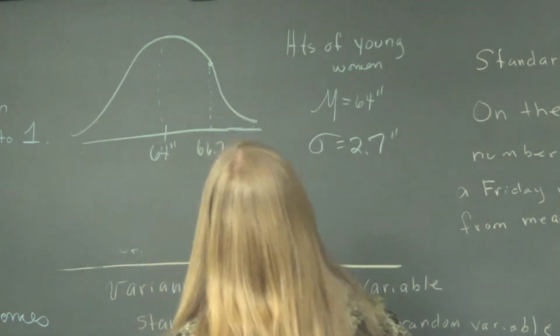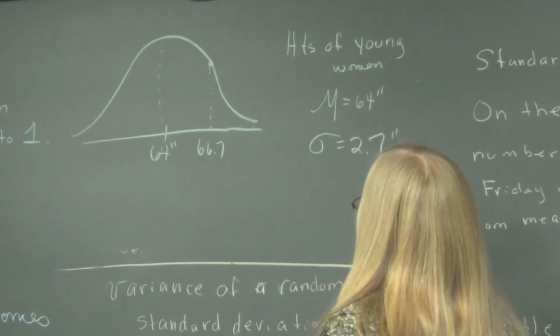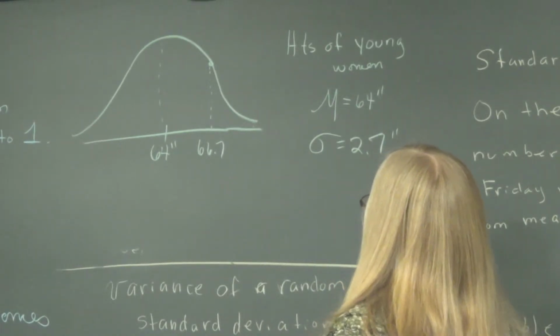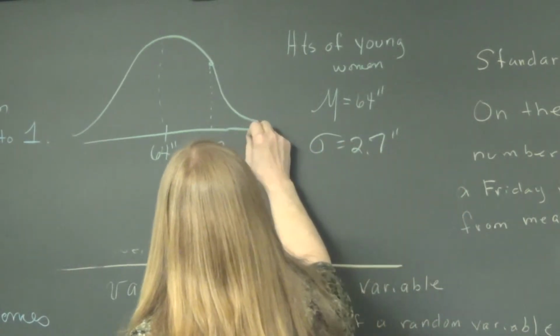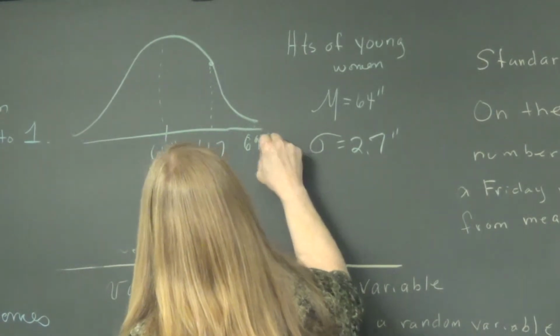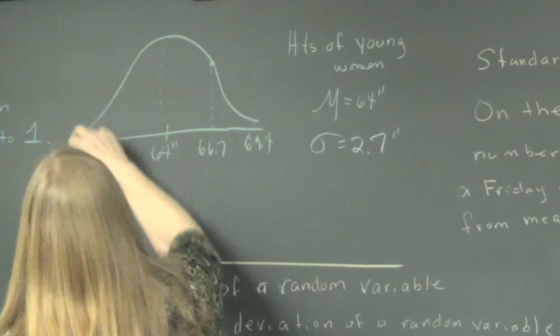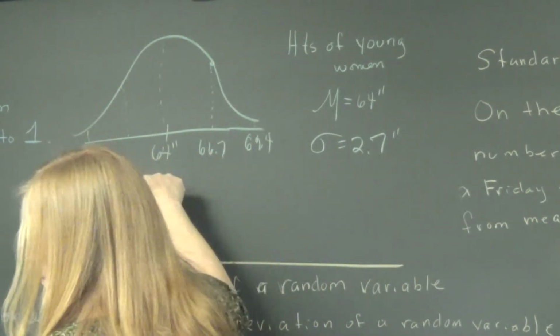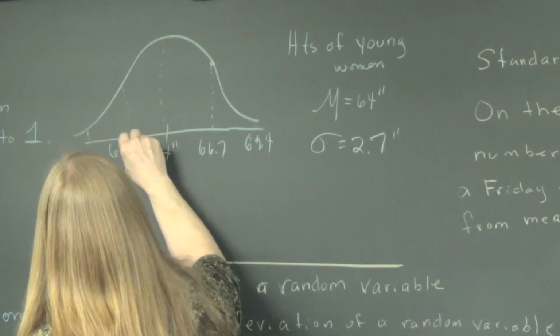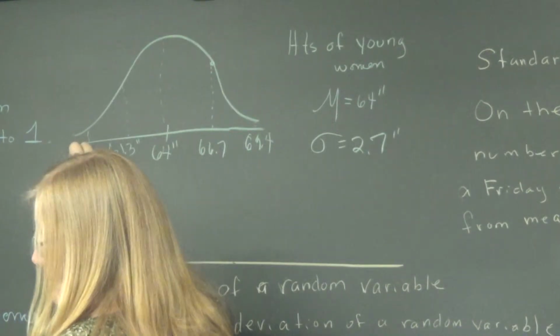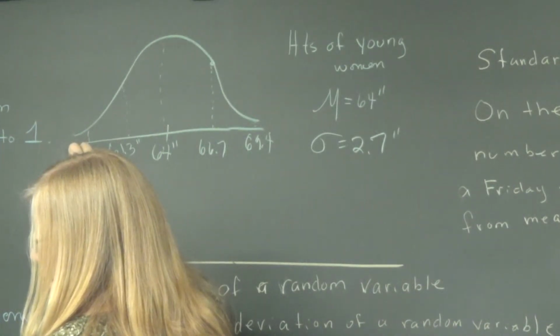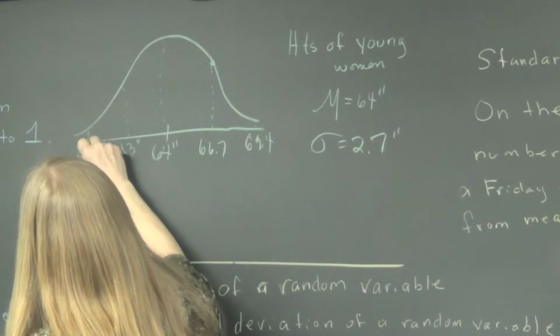Could you calculate it for me? 69.4. And could you go the other way for me? If you go one standard deviation this way, you subtract it. It'd be 61.3. And then 58.6. All right.